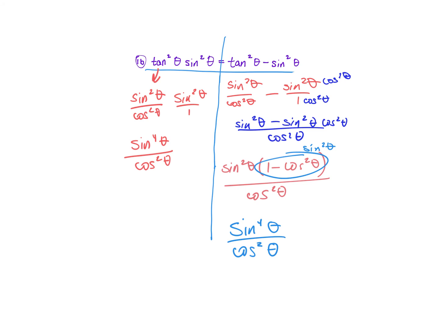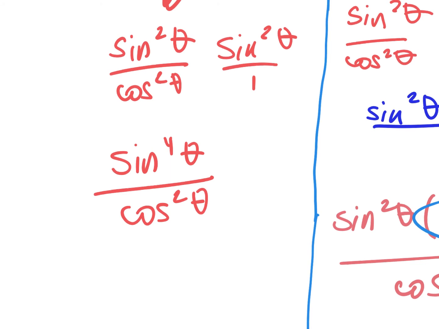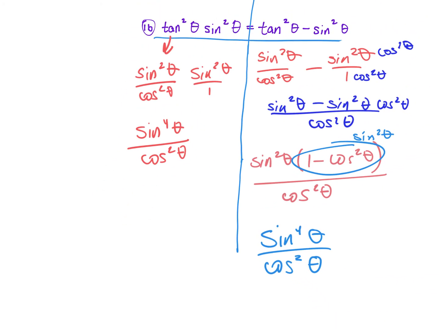I want one side to be the same as the other, correct? But do you guys see how I use both sides as kind of like a guide to get me to that answer? Which would be easier to convert back to for my verification statement? The left-hand side or the right-hand side? The left, because you guys can easily see how you pulled it apart, right? You could now put it back together. You can now say, okay, well, this side is sine squared theta over cosine squared theta times sine squared, right?